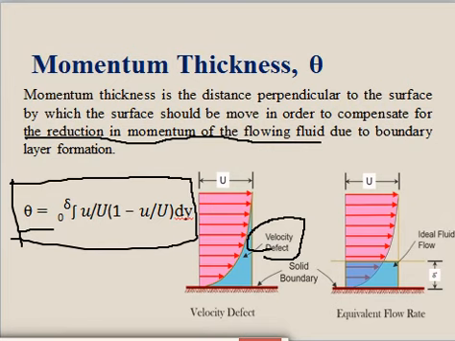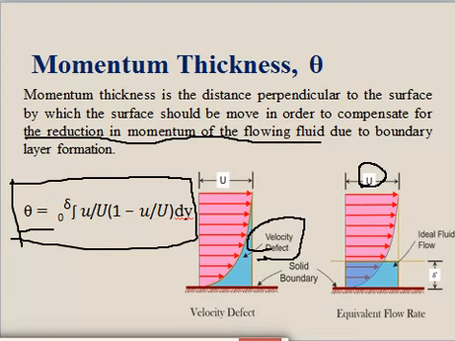If we neglect this velocity defect, then our entire flow passage velocity would have been capital U. So due to the presence of the boundary layer, there is a reduction in momentum.